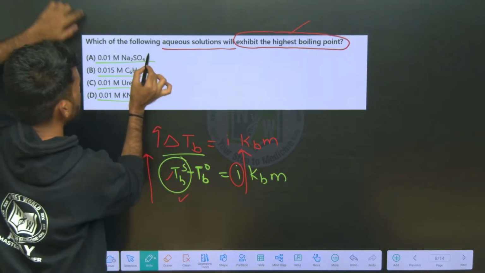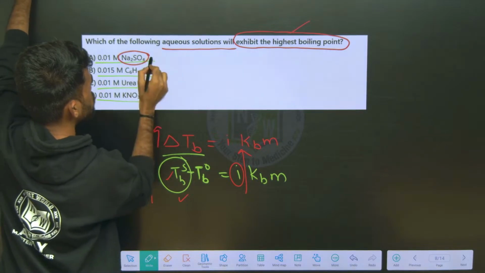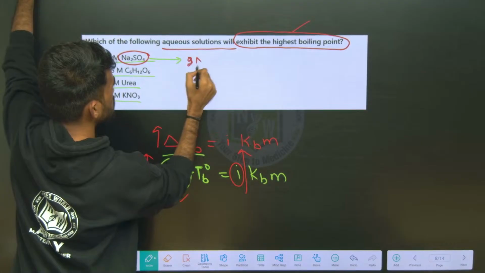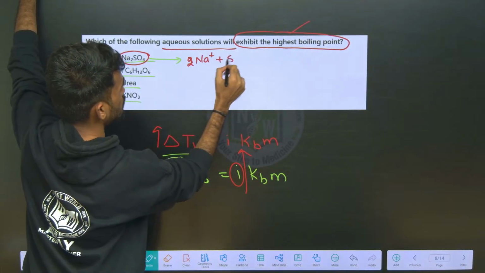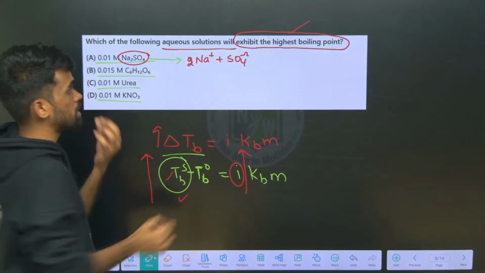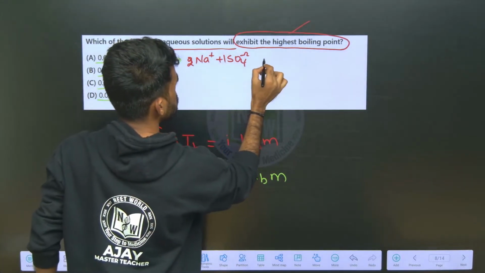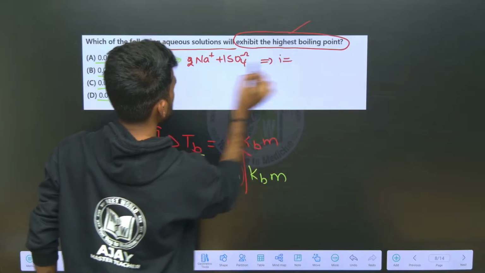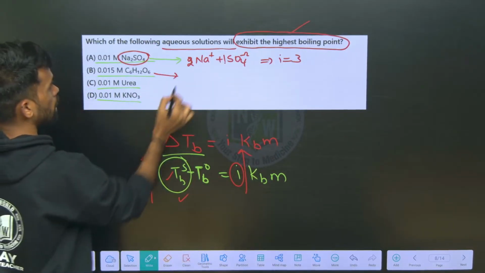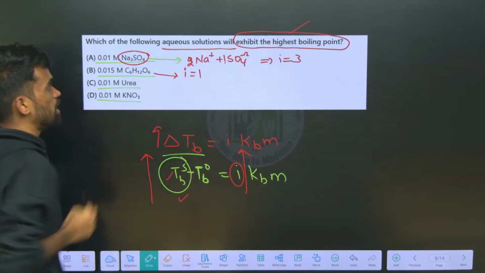Look here, we have Na2SO4. It is a strong electrolyte, it gives us 2 Na+ ions plus 1 sulfate ion. So what is its i value, the total number of particles after dissociation? The i value is 3, 2 plus 1. In this case, this is a non-electrolyte. For non-electrolytes, take the i value as 1.